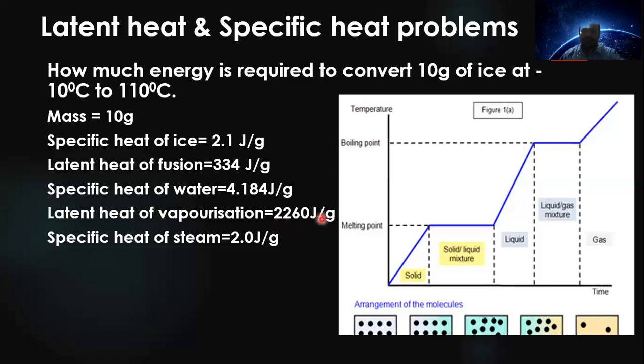And then the last step will be above 100 degrees Celsius. The amount of heat absorbed from 100 to 110 degrees Celsius using specific heat of steam, 2.01 joule per gram. So these are the values, and using these values we can calculate with a simple problem.